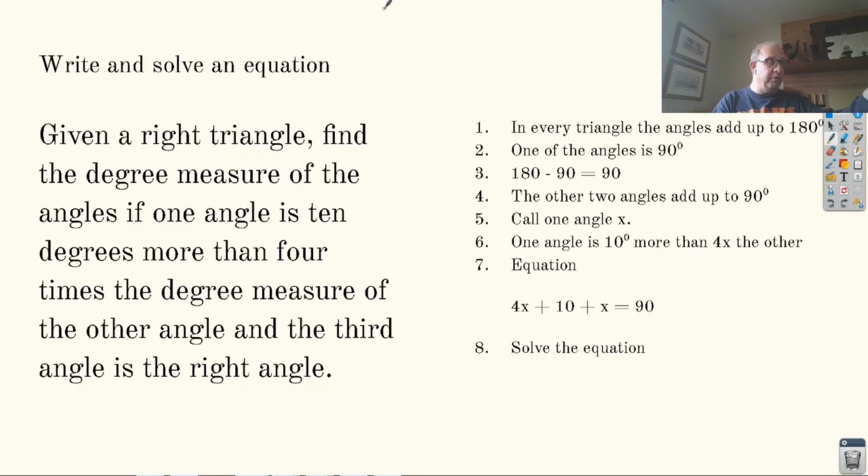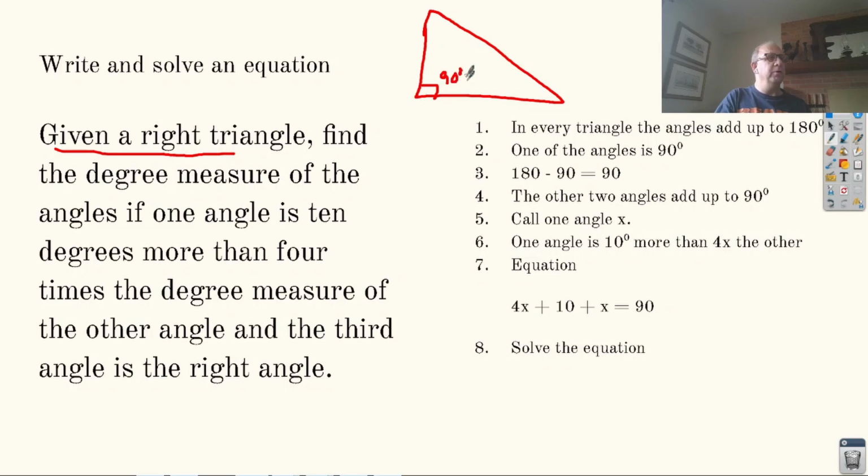So I've got, it says right here, given a right triangle. Okay, so that's a right triangle. I can make it look like anything I want as long as I get the little box here. That means this is 90 degrees. One angle is 10 degrees more than 4 times the degree measure of the other angle.